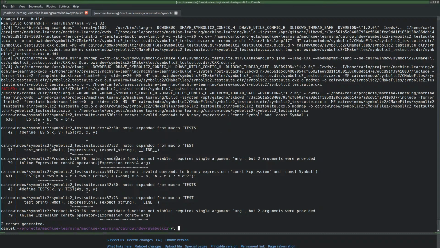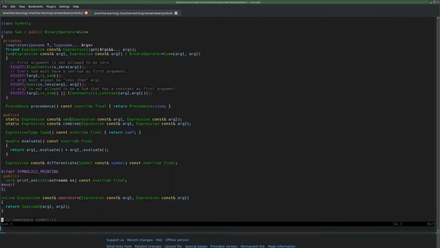Oh, I never implemented operator minus binary operator. Apparently, let's add it to some. Yeah, only have the plus here.